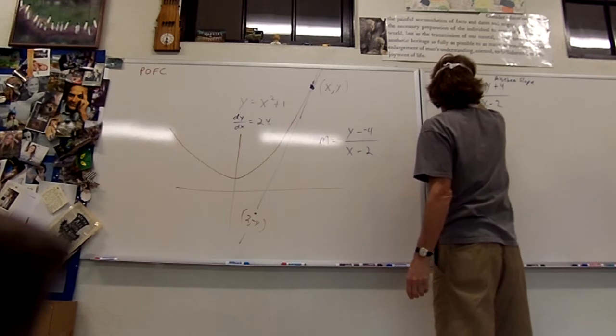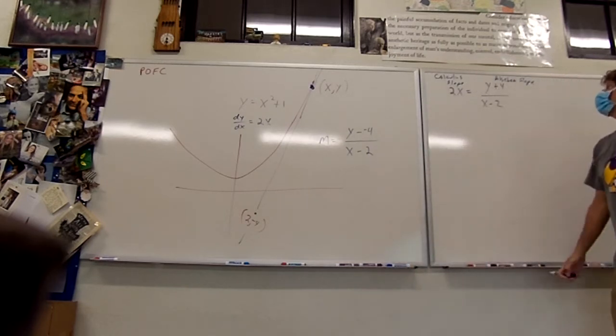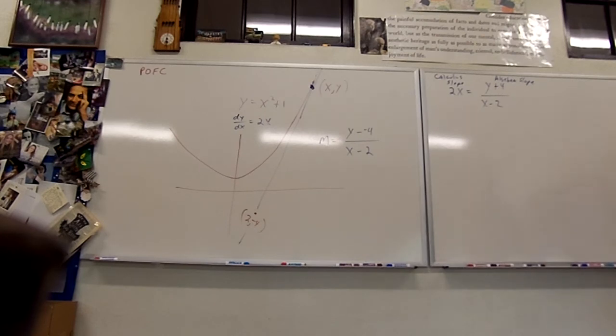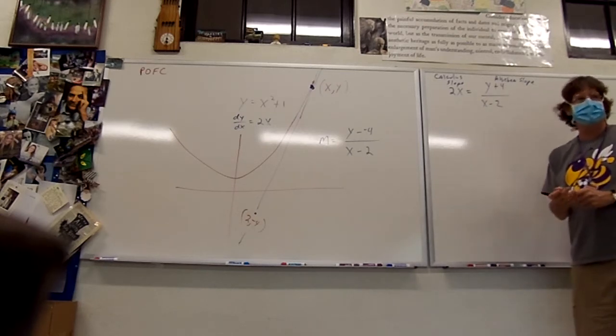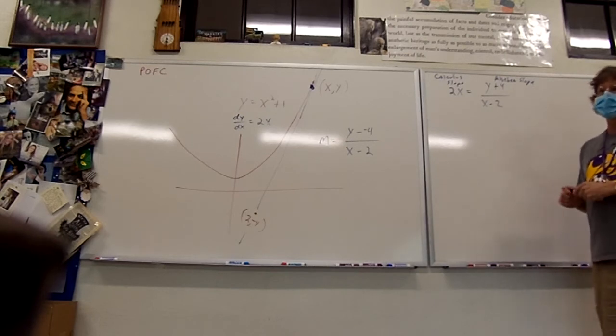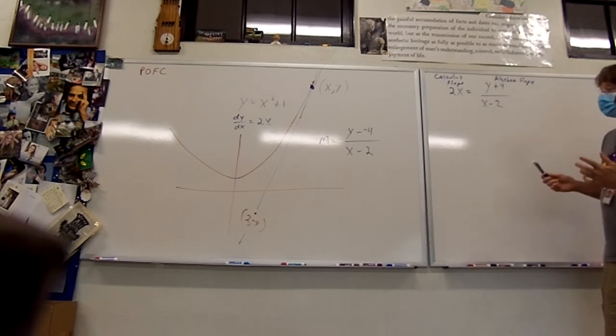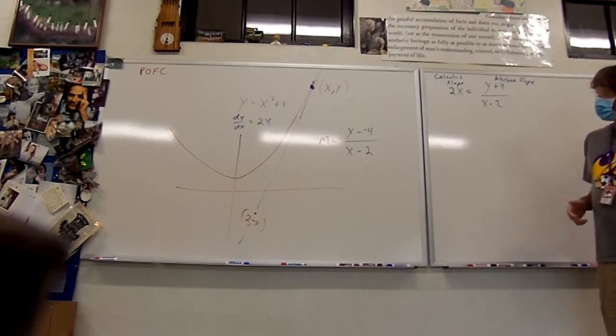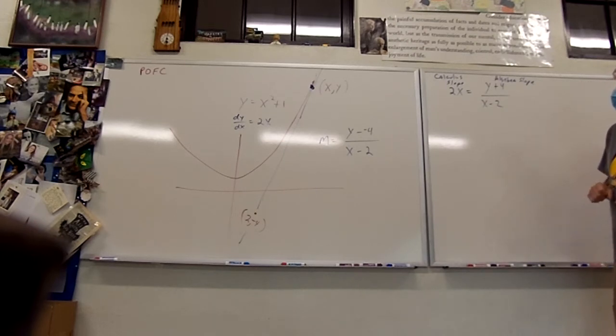Calculus slope equals algebra slope. That is the key to working these problems. And I've told you why it's the key. You know, in the textbook, it might say, make sure the algebra slope and the calculus slope, or the derivative, are the same, because I'm going to go ahead and start using that word for a second.